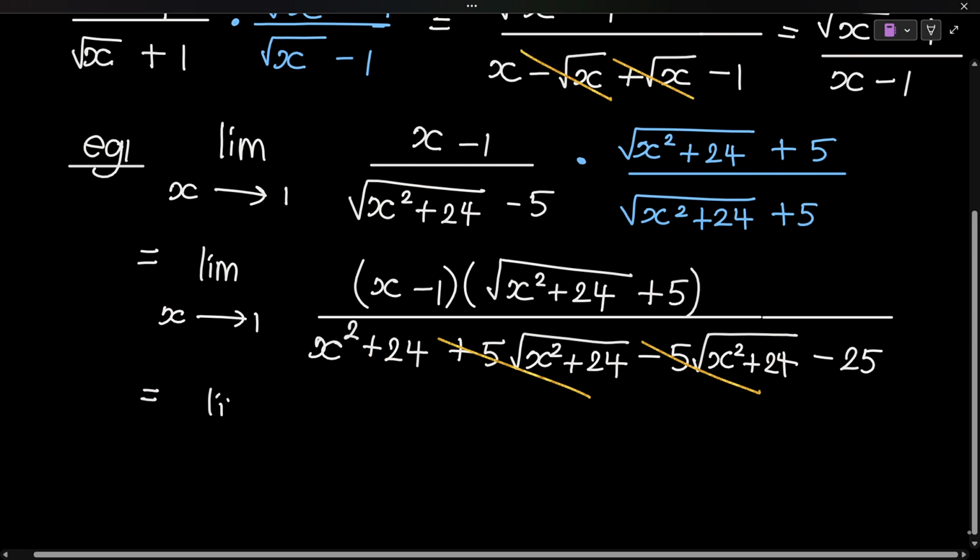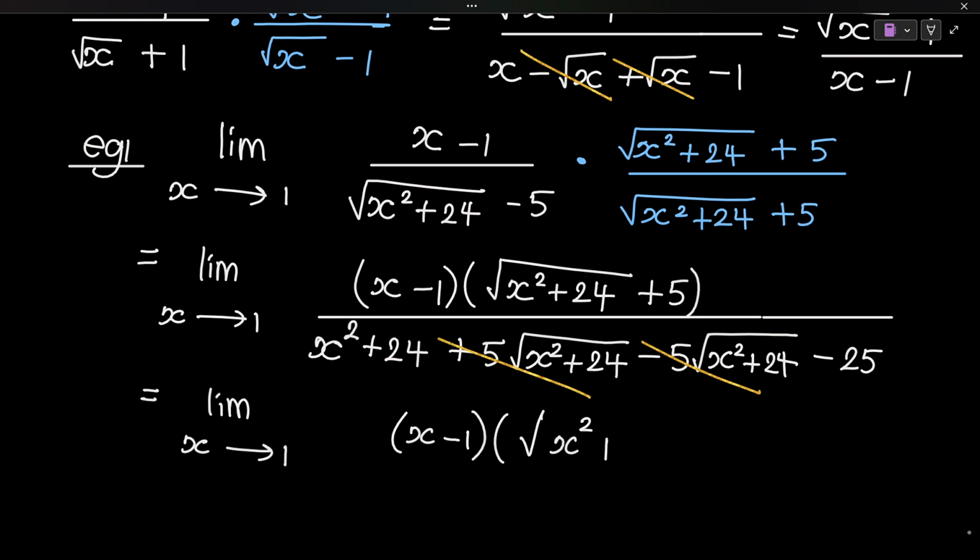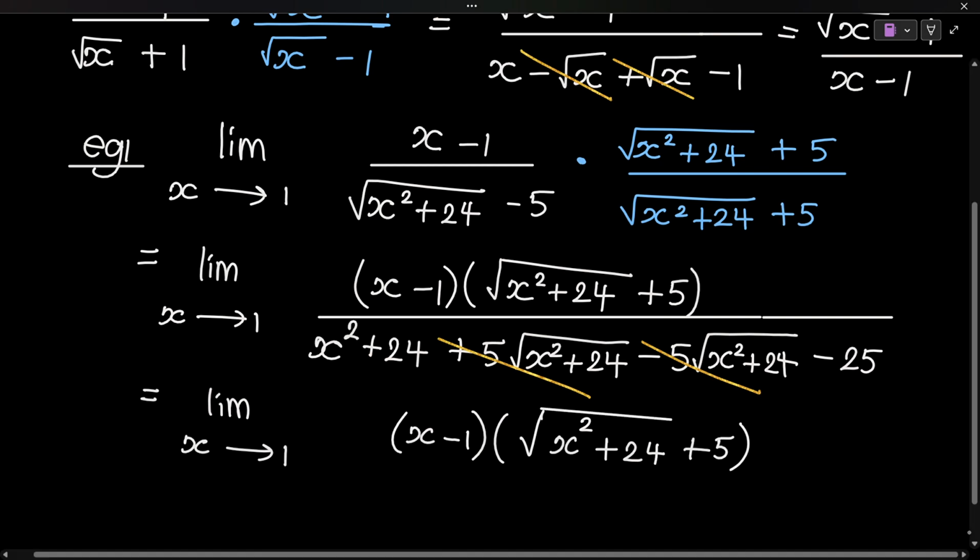Let's simplify what we have. So the numerator will stay as is at the moment. Simplifying the denominator, we're going to be left with x squared minus 1.